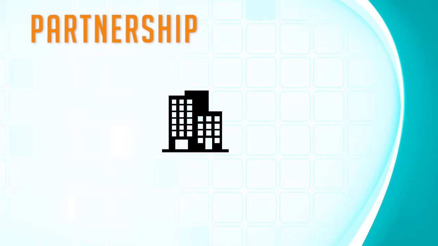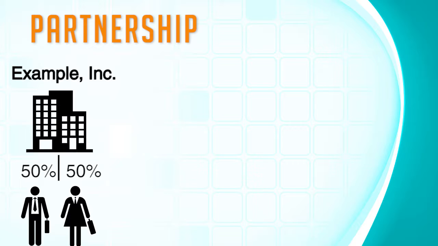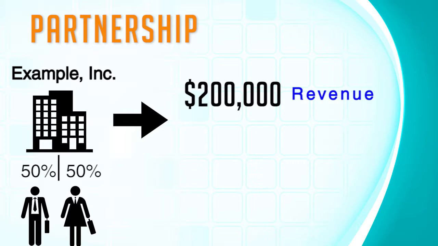Now, let's take a look at how pass-through income works for sole proprietorships, partnerships, S corporations, and some limited liability companies. Let's say our Example Inc. is a partnership with 2 business owners. Each of them own 50% of the company. In fact, let's name these 2 owners Jack and Jill. At the end of the year, Example Inc. makes a revenue of $200,000.